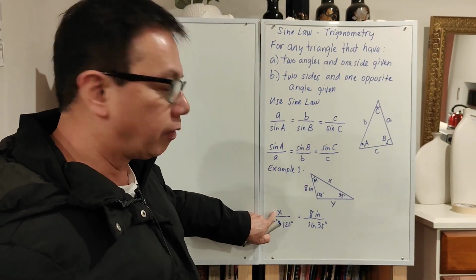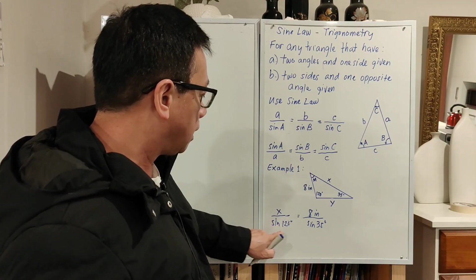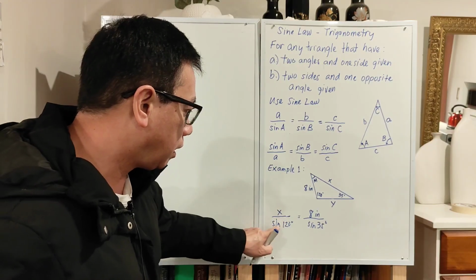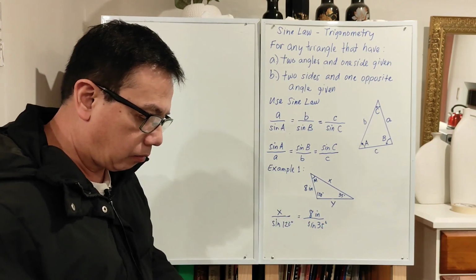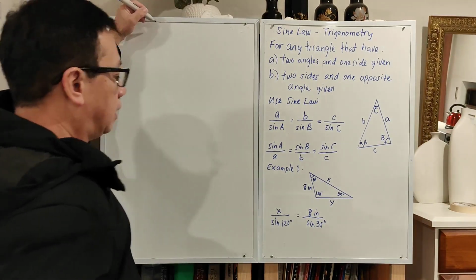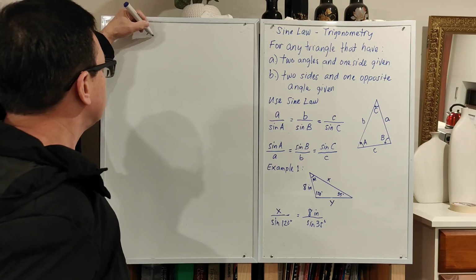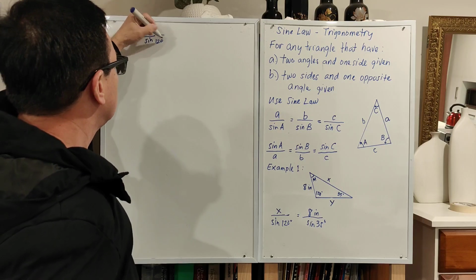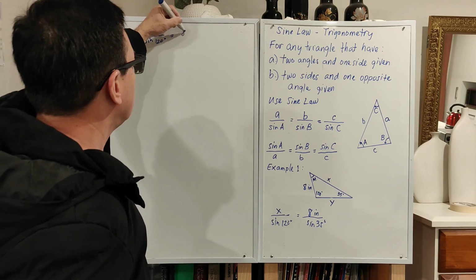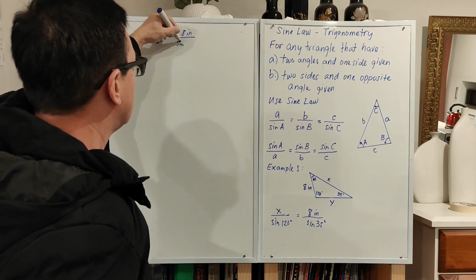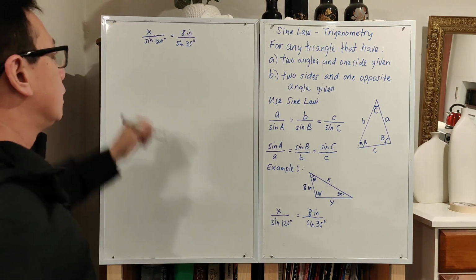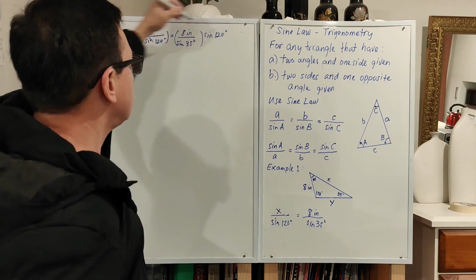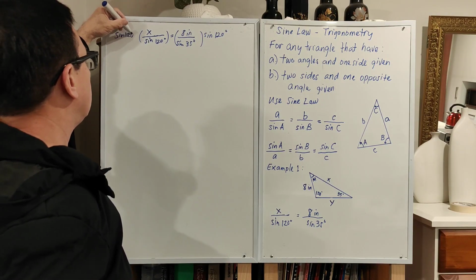Now if we want to solve for x, there is a denominator under x, so we want to remove that, so we multiply both sides by sine 120 degrees.